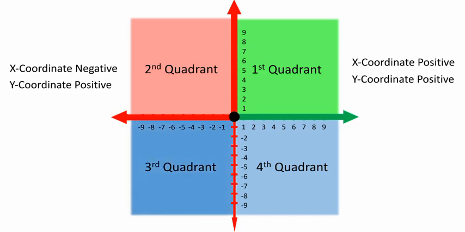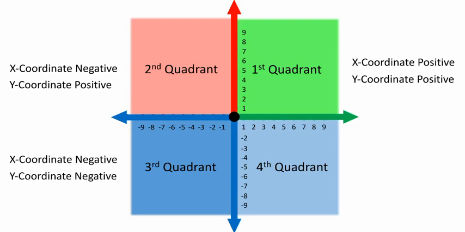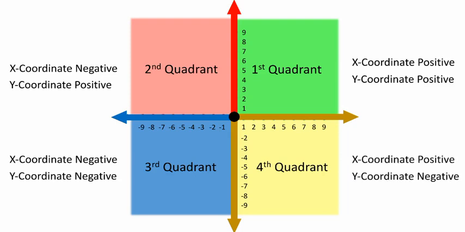As the third quadrant lies between the negative x-axis and negative y-axis, in the third quadrant the x-coordinate is negative and the y-coordinate is also negative. As the fourth quadrant lies between the positive x-axis and negative y-axis, in the fourth quadrant the x-coordinate is positive but the y-coordinate is negative.